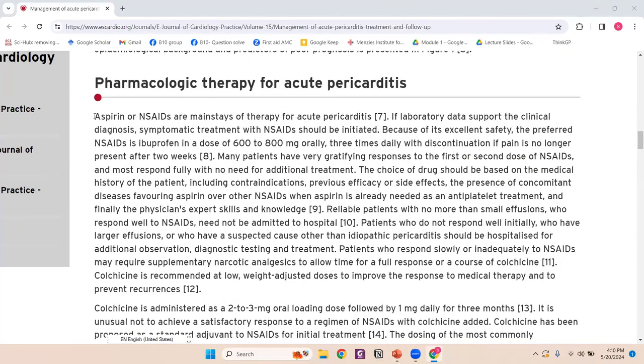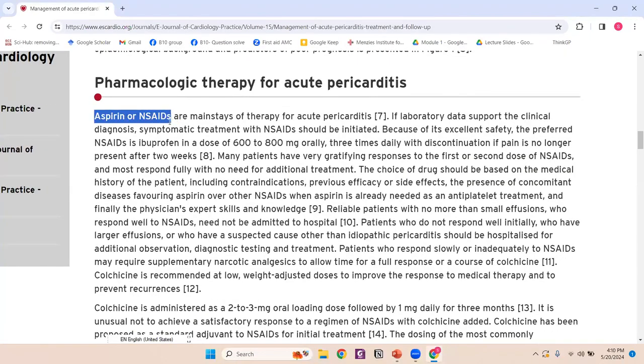The mainstay of pharmacological therapy would be your NSAIDs or aspirin. NSAIDs are the main pharmacological agents that are used for pericarditis. Even out of the NSAIDs, it's shown that ibuprofen has a safer profile, so it is most of the time said to be a safe drug when compared to other NSAIDs.